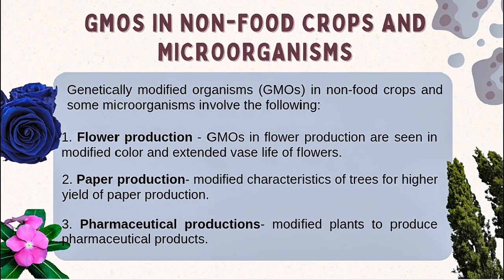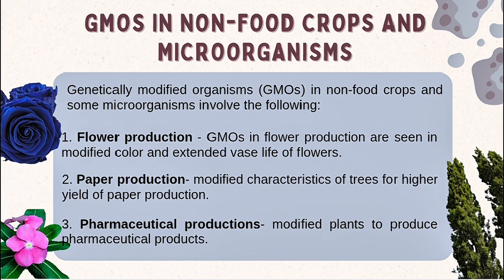Today, I'm going to discuss genetically modified organisms. When we talk about GMOs, or genetically modified non-food crops and microorganisms, we mean plants, animals, or microorganisms whose genes have been changed using modern biotechnology to give them new traits or abilities.